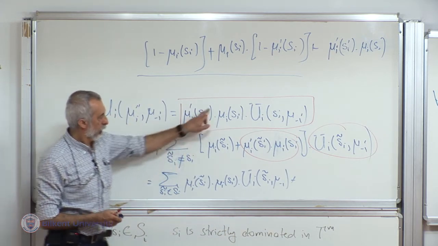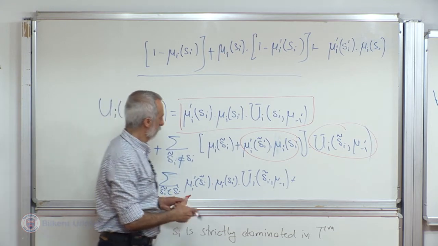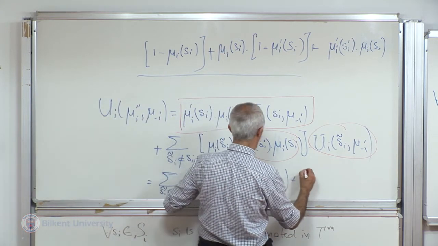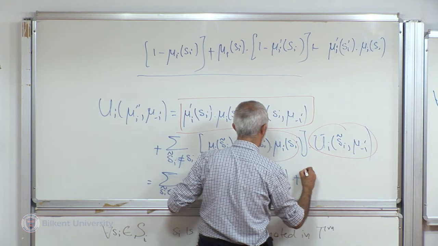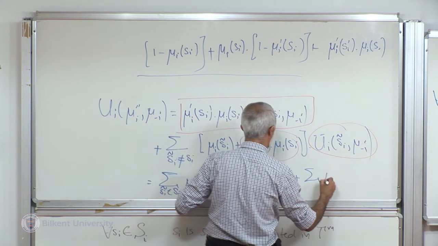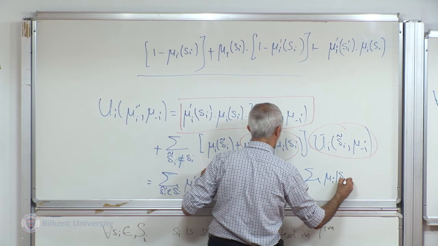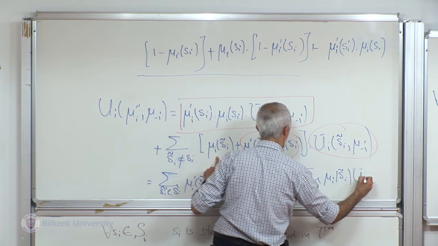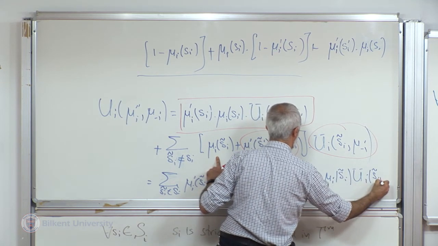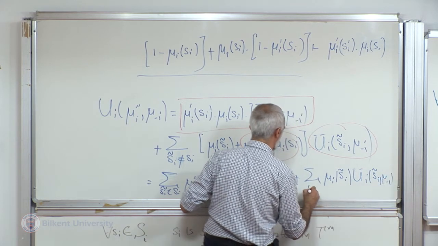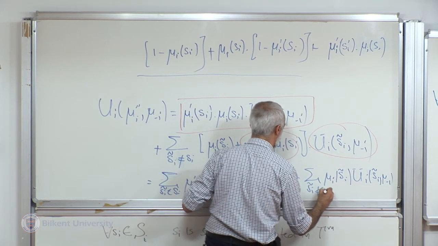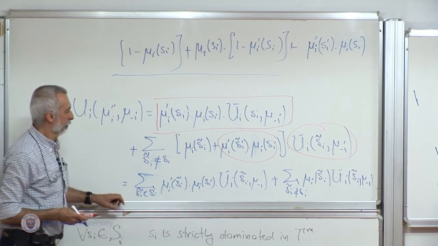So that plus that, plus this part, plus the summation of mu_i(S_i tilde) U_i(S_i tilde, mu_minus_i), where S_i tilde is different than S_i.